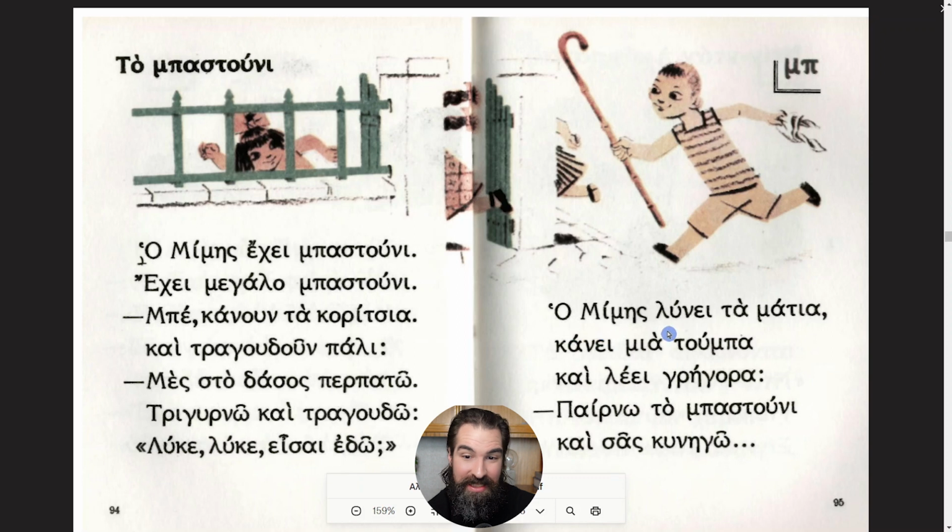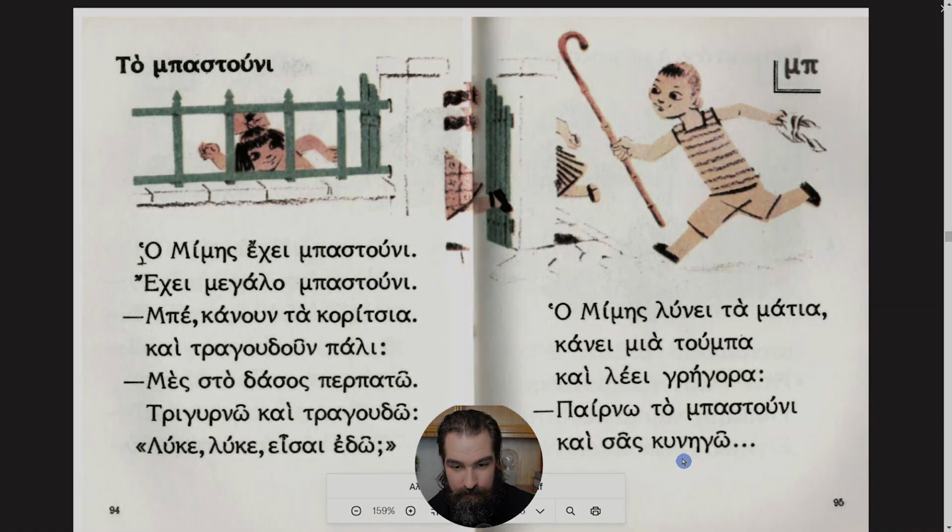Ο Μίμης λύνει τα μάτια. Κάνει μία τούμπα και λέει γρήγορα. Παίρνω το μπαστούνι και σας κυνηγώ.